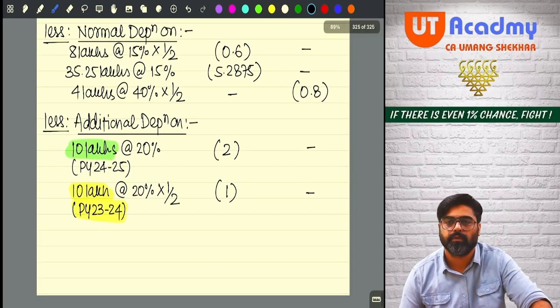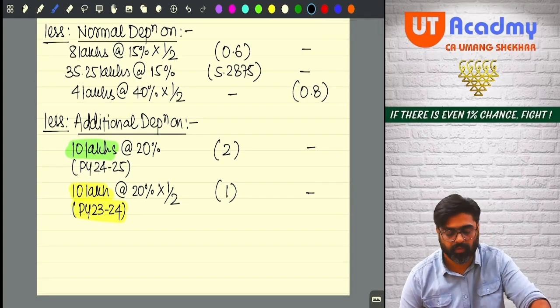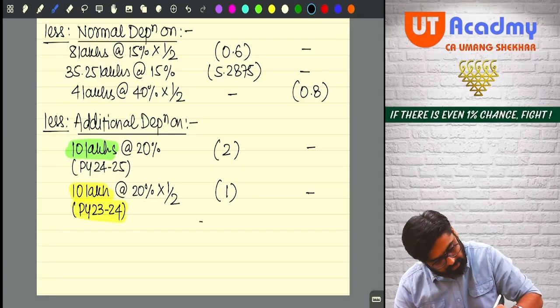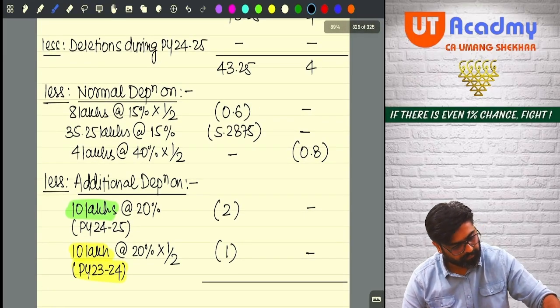Next one. So tell me what to do now. What to do? I will calculate the WDV of the block now. So 43.25 minus 0.6 minus 5.2875 minus 2 minus 1.